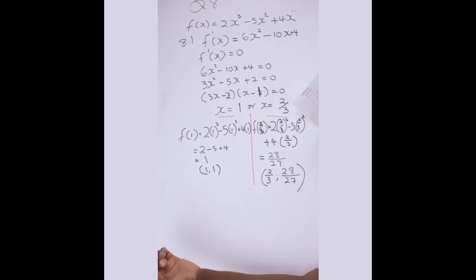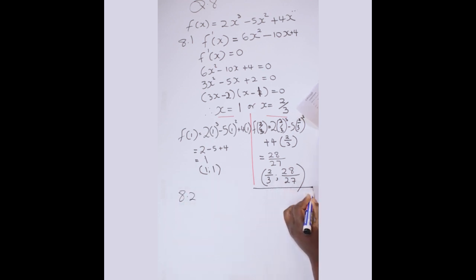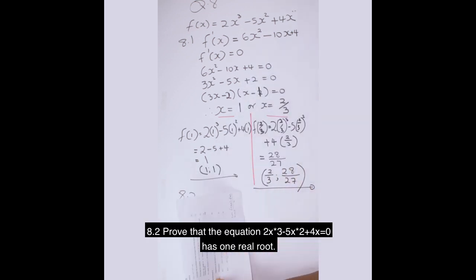In 8.2, they said prove that the equation 2x cubed minus 5x squared plus 4x equals 0 has only one real root.